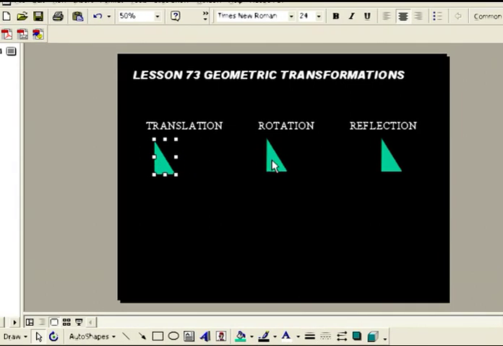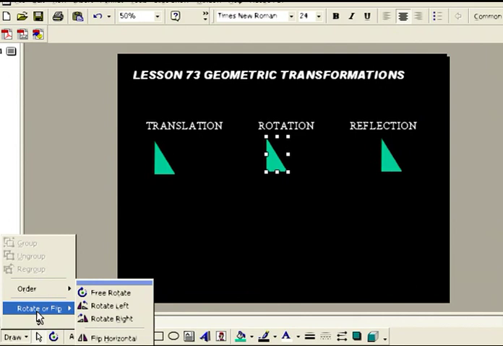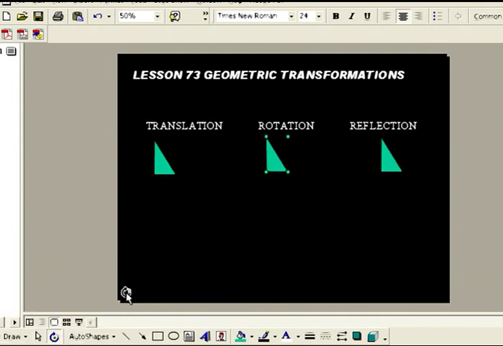A rotation, to see what that is, let's just select that middle triangle there and go down here to this draw tool and see there's a button here that says rotate or flip. There's something called free rotate, and see how it highlighted that in those green dots. You can just click on one of those and you can rotate the triangle any place you want to, and that's a free rotate.